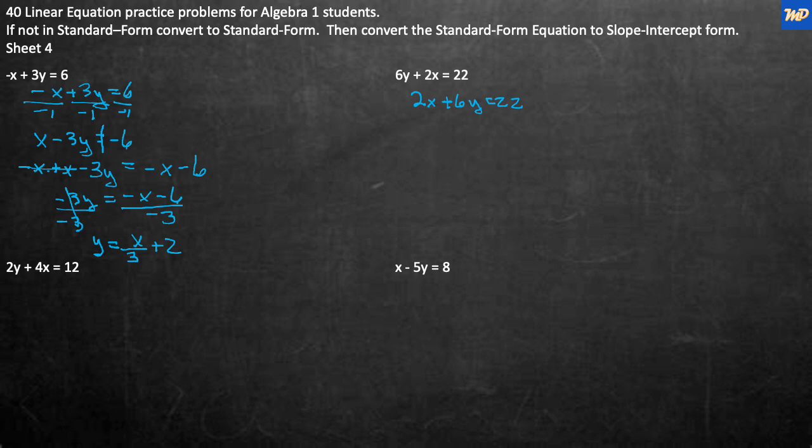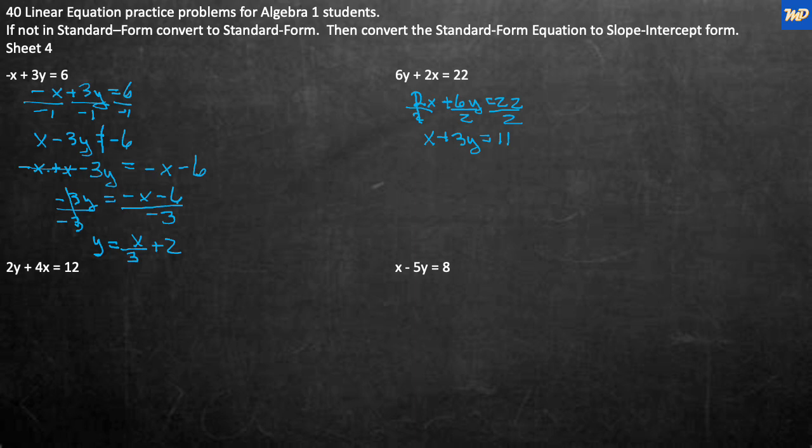There's a common term here, and the common term is the 2. We can take a 2 out of everything. So to take the 2 out of everything, we're going to divide by 2, divide by 2, divide by 2. In doing so, these 2's cancel. We get an x plus 6 divided by 2 is 3y equals 22 divided by 2, 11.